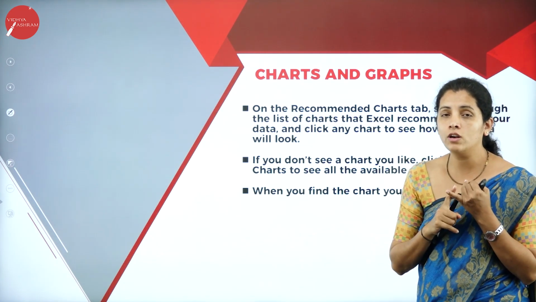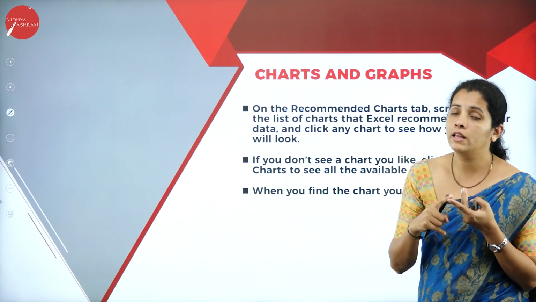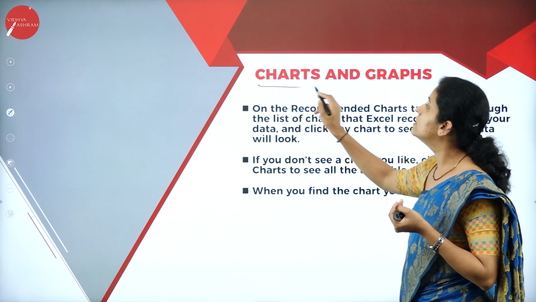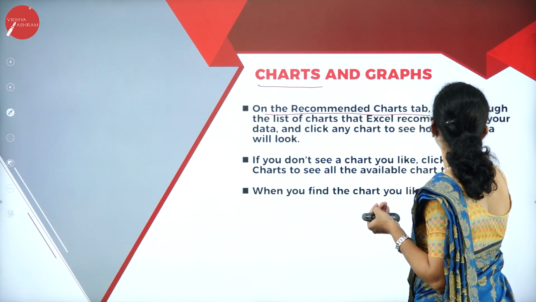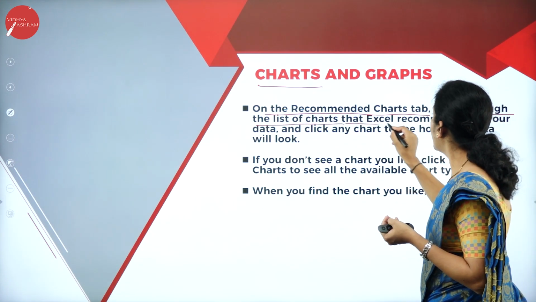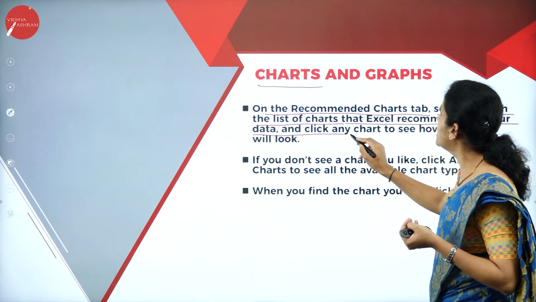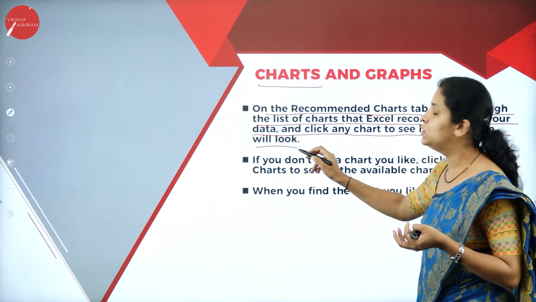That is column chart, bar chart, pie chart, or line chart, etc. These are some of the examples for charts. On the recommended chart tab, scroll through the list of charts that Excel recommends for your data and click any chart to see how your data will look.